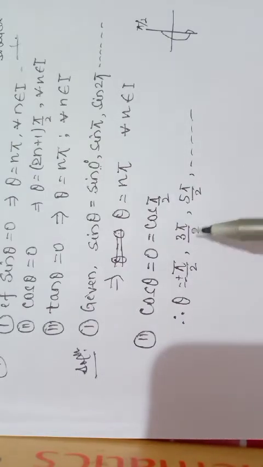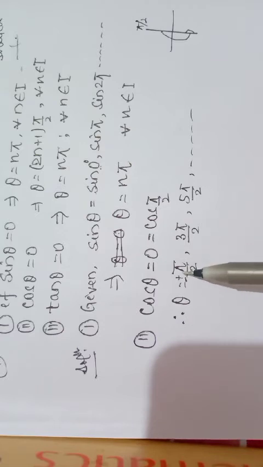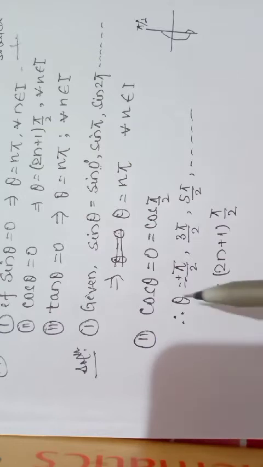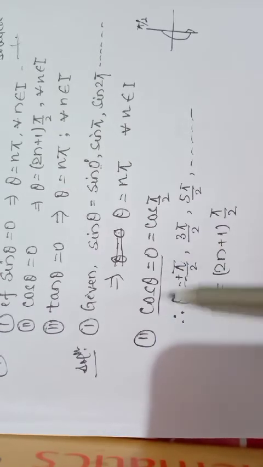Pi by 2 being common, we have 1, 3, 5, which is in AP, so its nth term is 2n plus 1. So (2n plus 1) pi by 2 is the general value of theta where cos theta is 0.